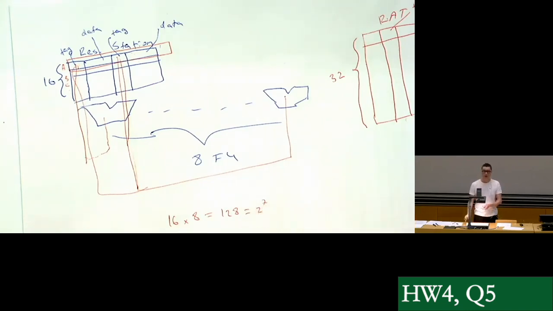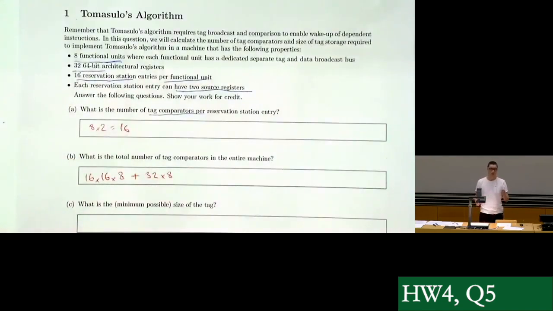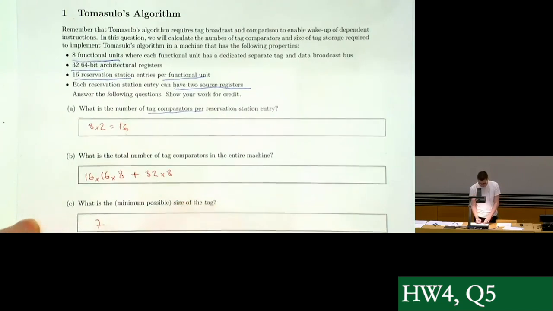And this means we need 7 bits as a tag to be able to address or refer to all reservation station entries. So the minimum is 7. Of course, you can have more than 7, but then you'll have some redundancy, right? Some useless bits. I guess nobody has any questions.